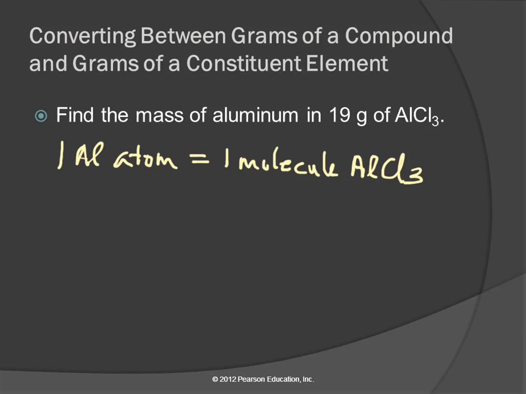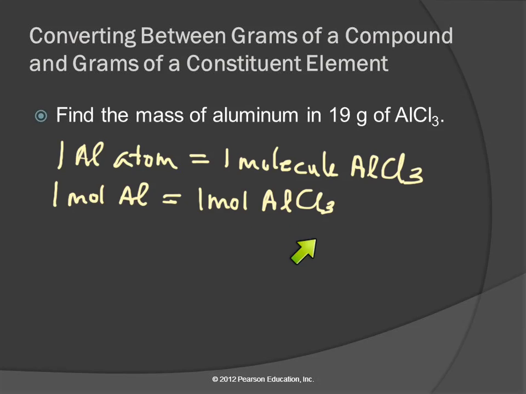That's what the formula means. Well, numbers of atoms and molecules are a little difficult to work with, but we can say that 1 mole of aluminum is equal to 1 mole of AlCl3.